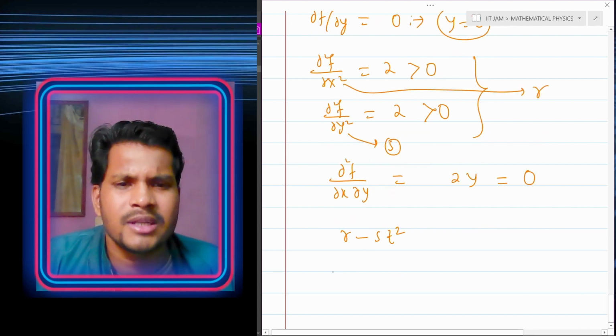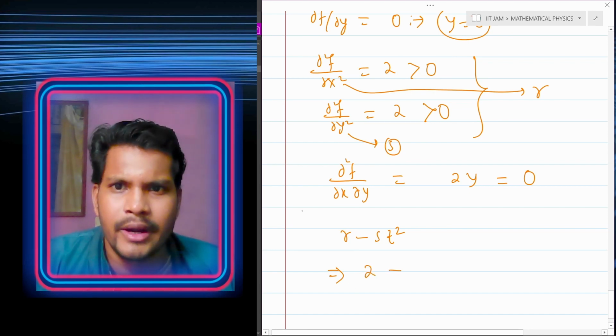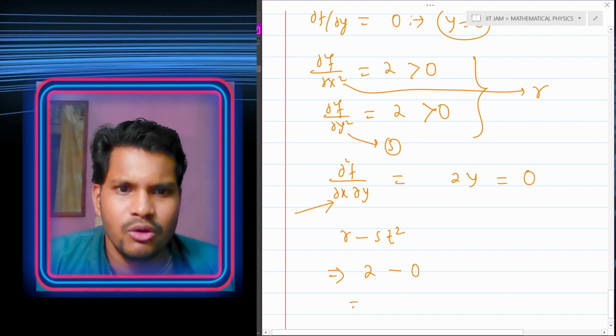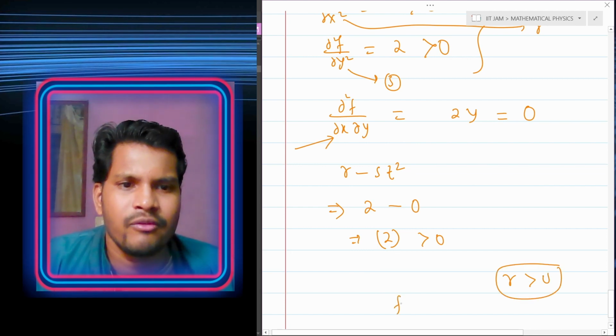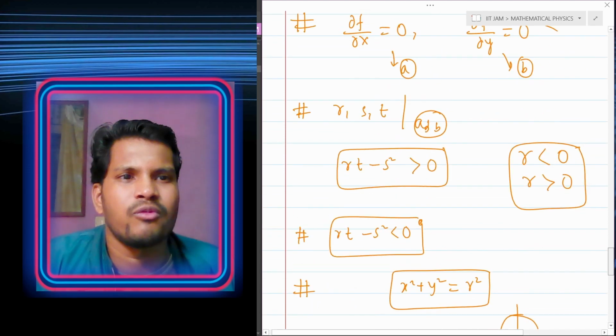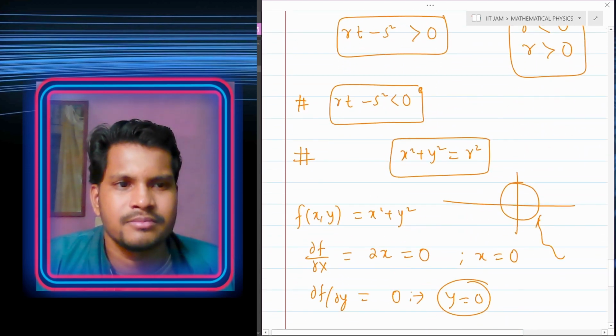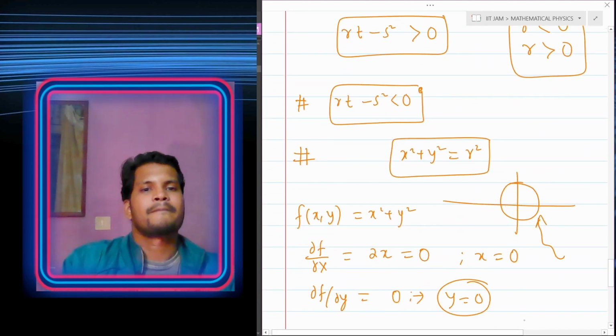So rt minus s square will be what? r is 2, t is 2, and s is 0, therefore it is 4, so it is positive. And what is r? Since r is positive, we can say that f(0,0) will be the minimum of this curvature. That's it, guys.